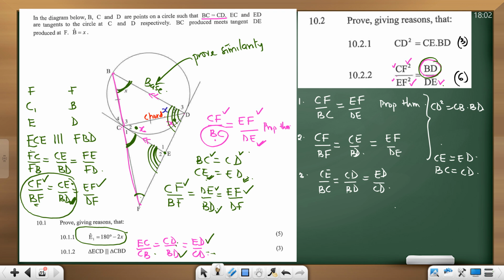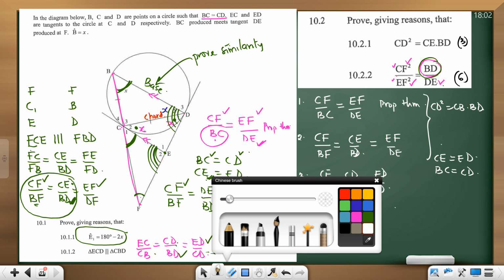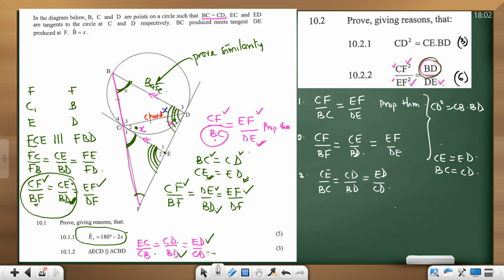All right. We are looking at the white ones, guys, just the white ones, and we'll walk through together. CF over EF is actually BC over DE mathematically. I'll show you that we can do that.